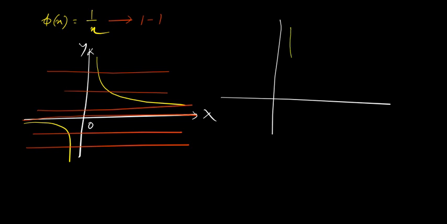This is the graph phi x equal to 1 by x, and if you take the projection of all of those points, the graph is like that.